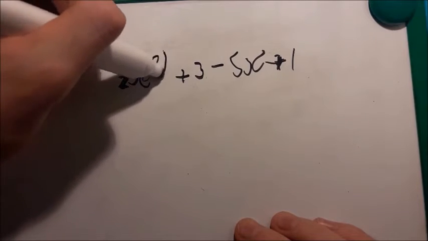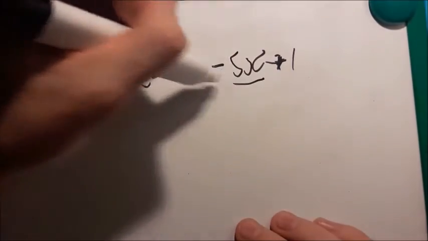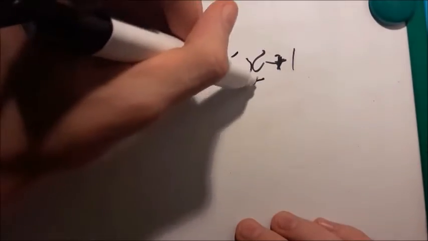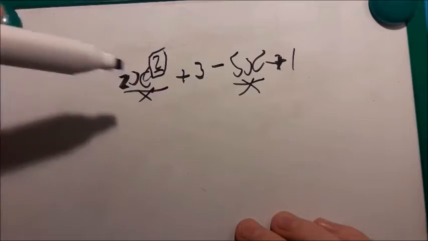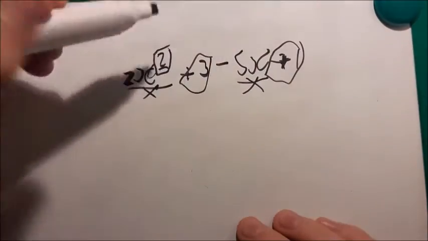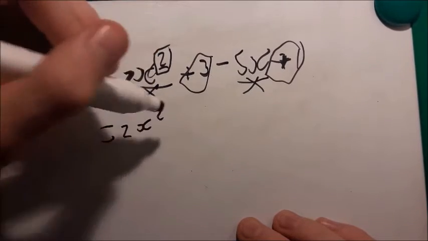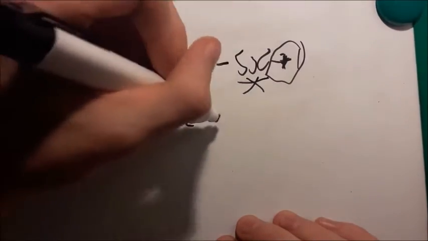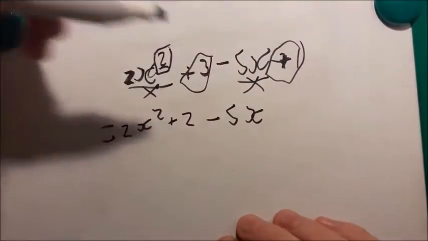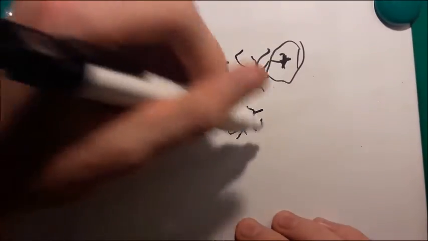The power makes these two not similar anymore. But 3 and 1 are still similar. So we can still say 2x squared plus 2 minus 5x, but we know these two aren't similar terms.